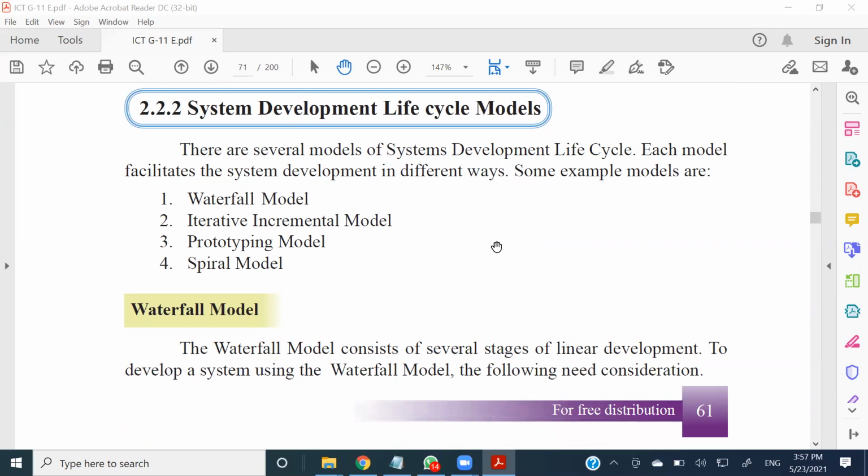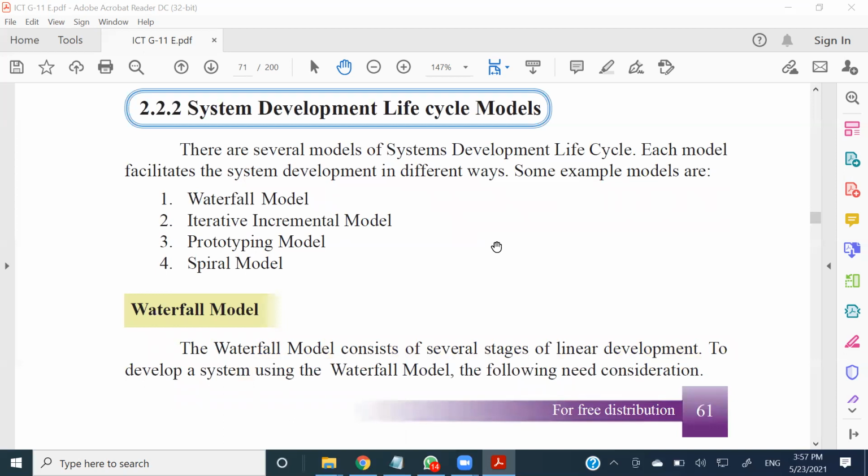Right? Likewise, when you are creating a system, there are always those 6 steps being followed, but there are different ways of following those 6 steps. Those different ways are introduced with these models.